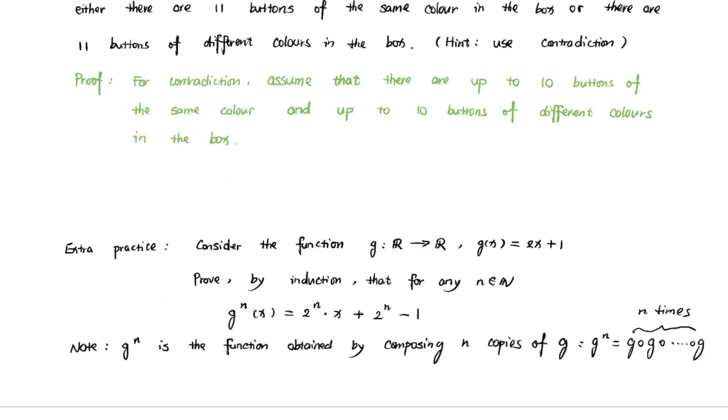So since we have up to 10 buttons of the same color and up to 10 buttons of different colors in the box, the maximum you can get is 10 times 10.